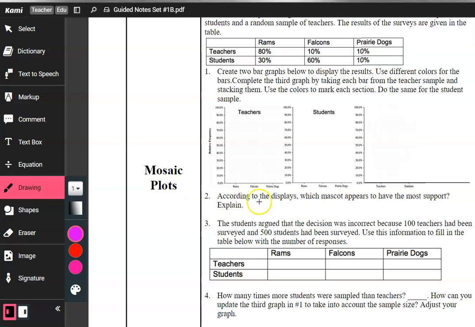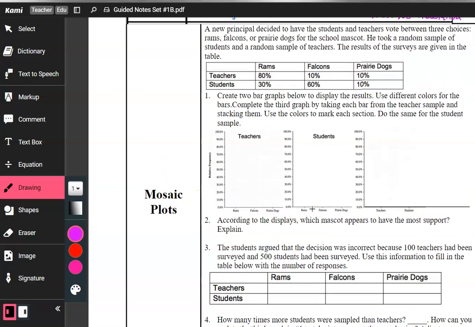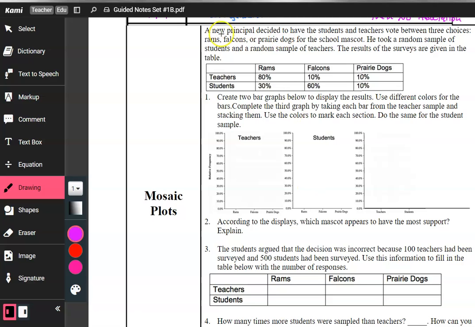In this topic of mosaic plots, here we have a question that says, a new principal decided to have students and teachers vote between three choices for a school mascot. There was the ram, falcon, and the prairie dog. He took a random sample of students and a random sample of teachers.